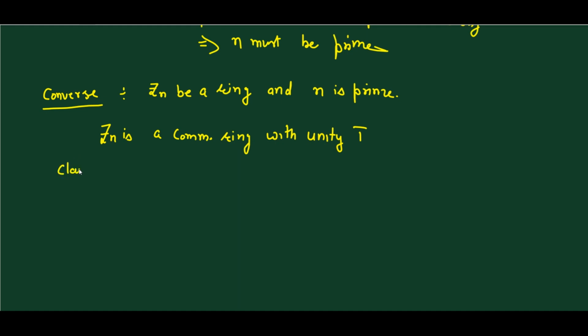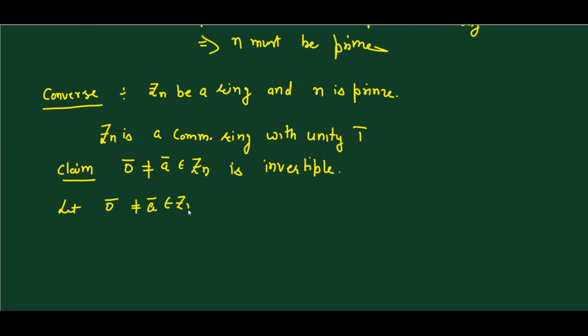So what is our claim here? Every non-zero element of Zn is invertible. Choose a non-zero element. So a is a non-zero element in Zn. This implies a belongs to this set.